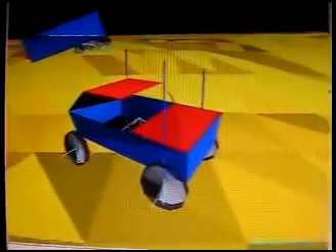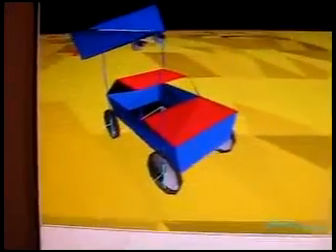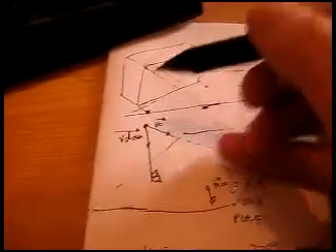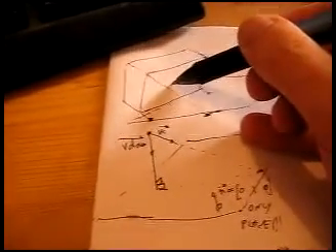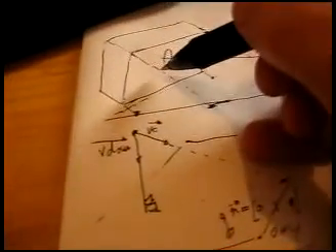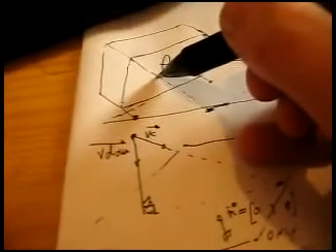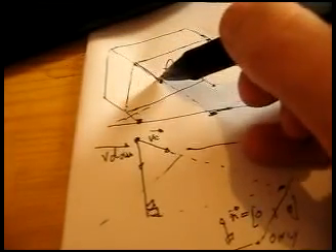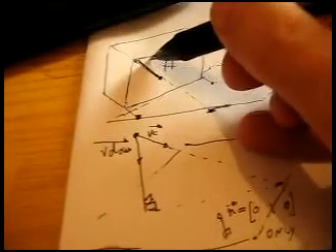So let's get the figure. We have the rigid body, call it A. We have a virtual spring that has a proper length L0.